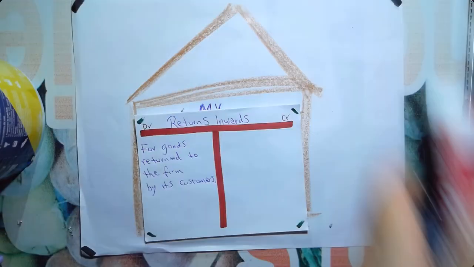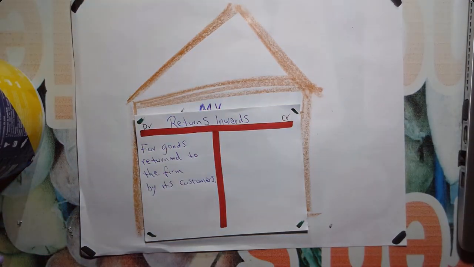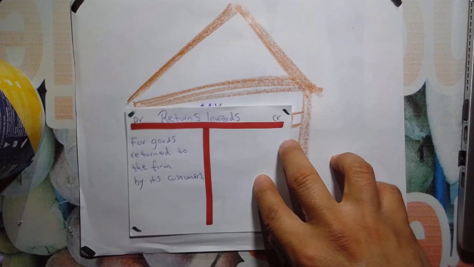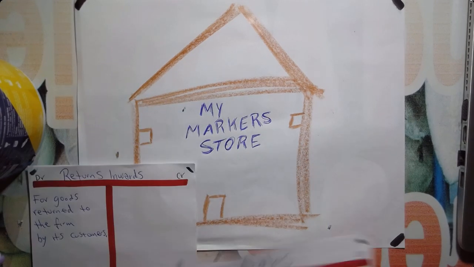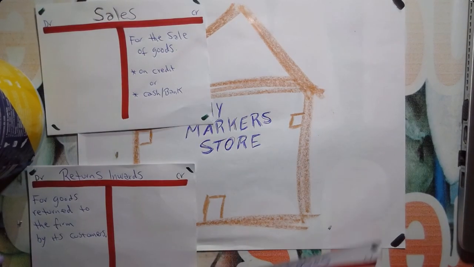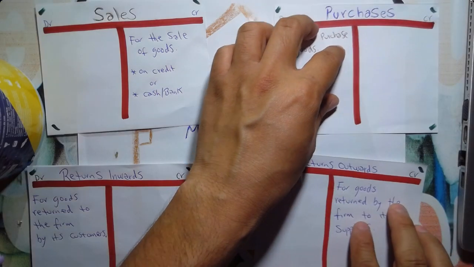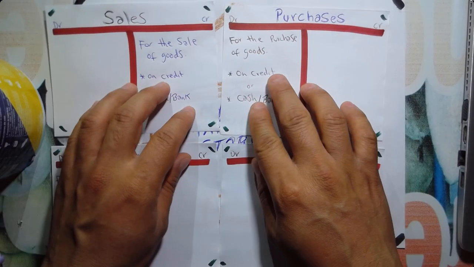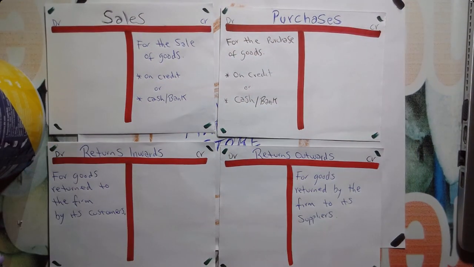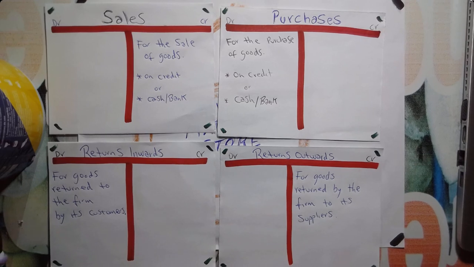So let me move this aside. These are the four new T accounts that we will be using: sales, purchases, return inwards, and return outwards. We will never open a T account with the name stock of goods or inventory because it doesn't exist.